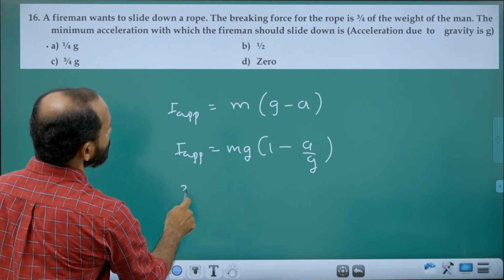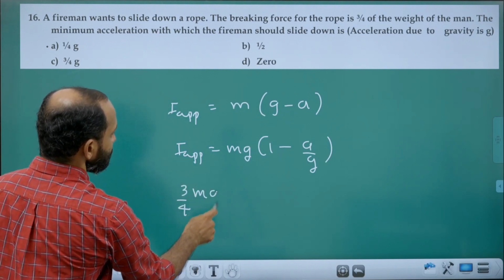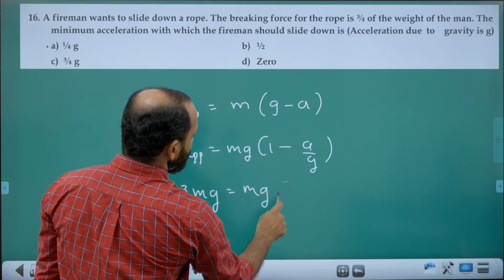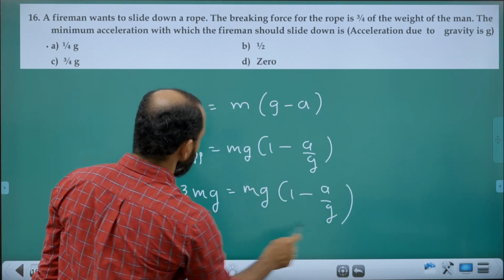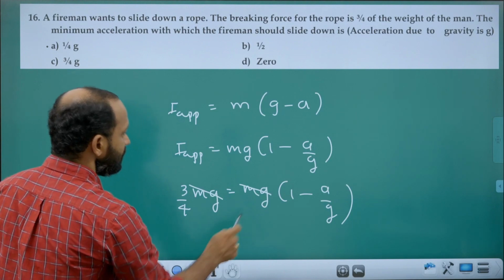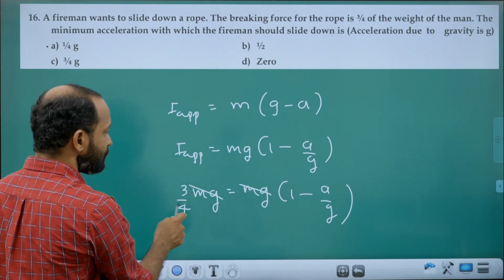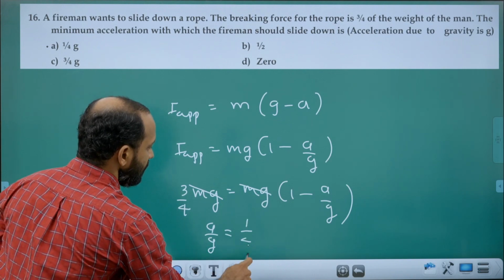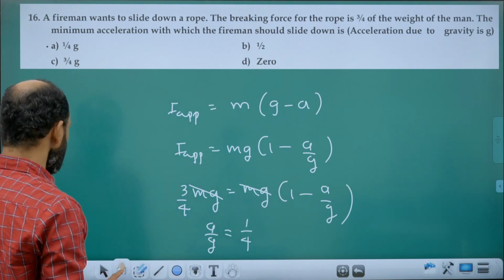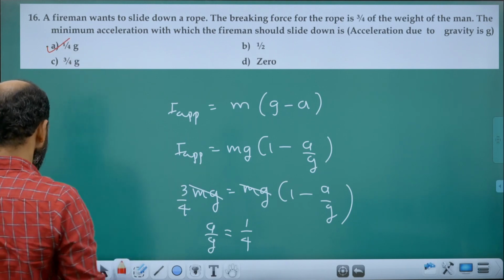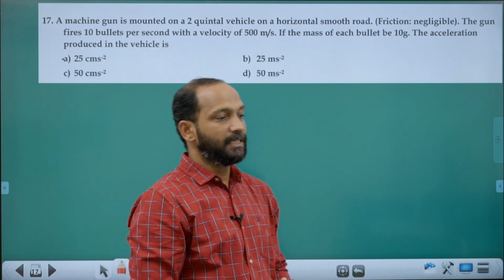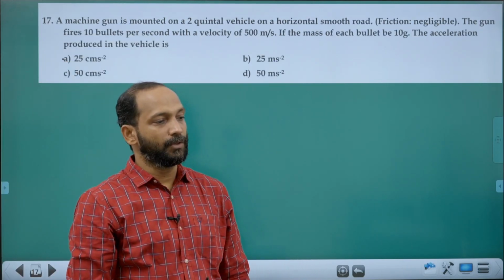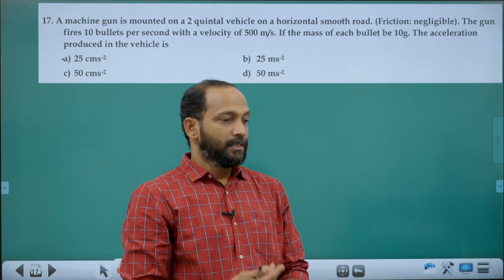F apparent is given as 3/4 of mg. Here it is mg into 1 minus a by g. You can cancel the mg's. So 1 minus a by g is 3/4. So a by g is equal to 1/4, and a is equal to g by 4. So answer A.